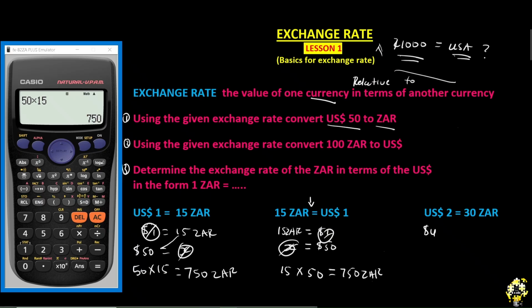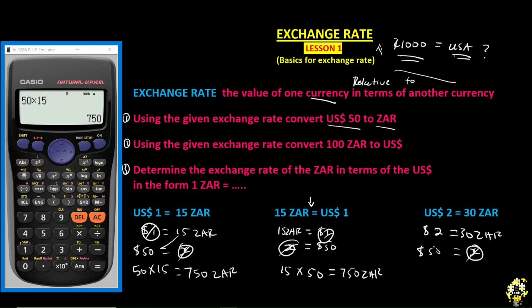So let's get it out of the way. So 2 US dollars is equals to 30 South African rands. Again, still using this. Where is our dollars? Left or right? Well, they're on the left. Therefore, let's come to the left and say 50. And then here on the right, we do not have. Let's put an X.